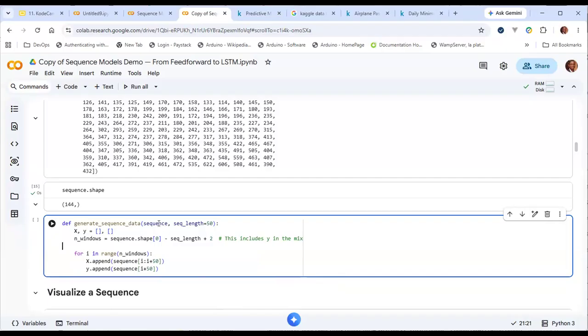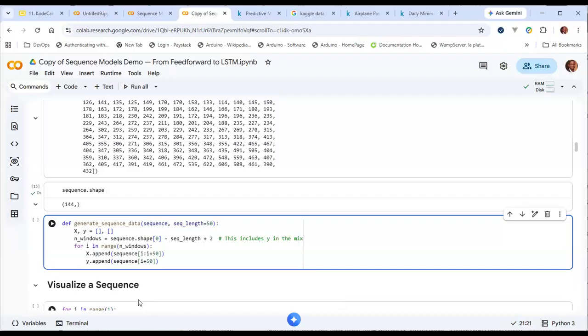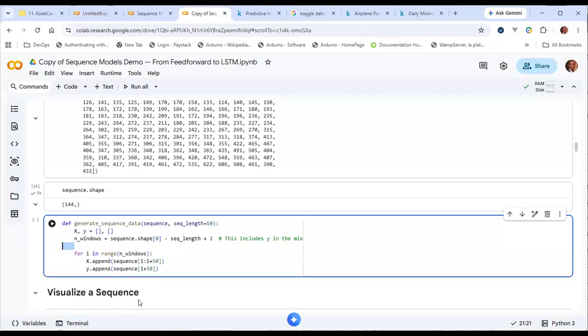We assume this sequence is a NumPy array. By adding 2, it includes y in the mix. I hope that is understood. If not, I tried to explain it: if there are 50 x values, then y will make it 51, right? So the actual sequence length is not just the length of x, but also the y. If you don't include that y, you get to a point where you shift your sequence to the end and there will be no y value for that last one. So you'll be in trouble.